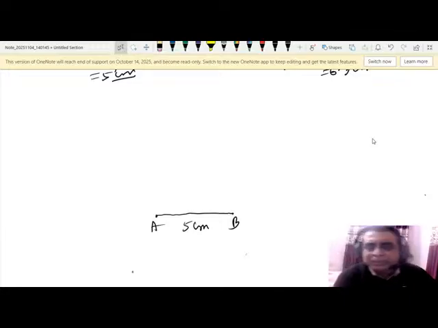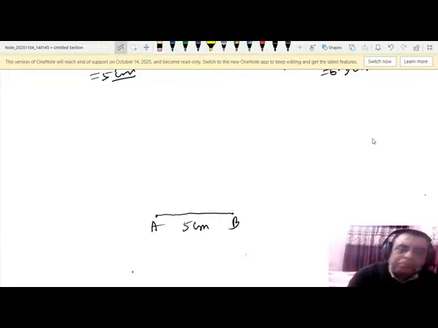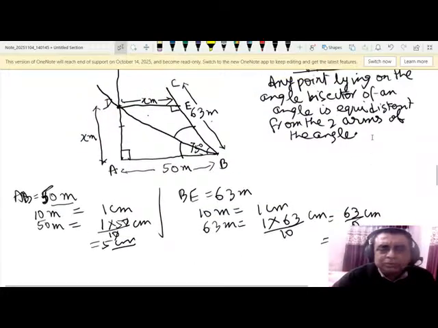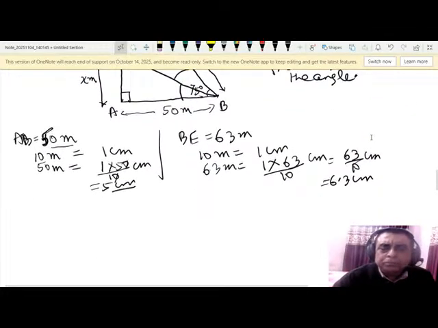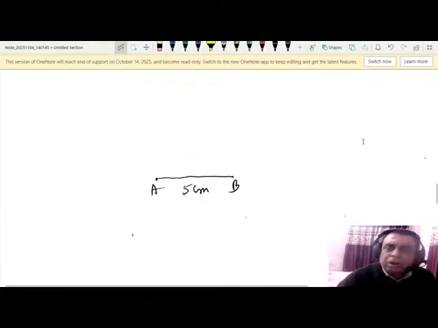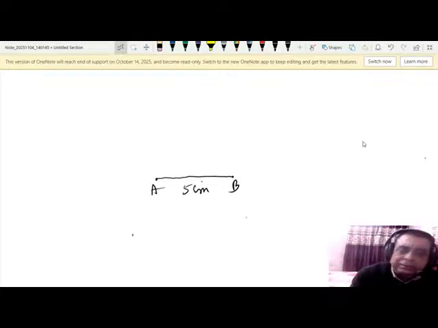This represents 50 meters. Now at the point B, we have to draw an angle of 75 degrees, only with the compass; you cannot use a protractor. So how will we draw an angle of 75 degrees at the point B? Take a compass and take any radius as you like.